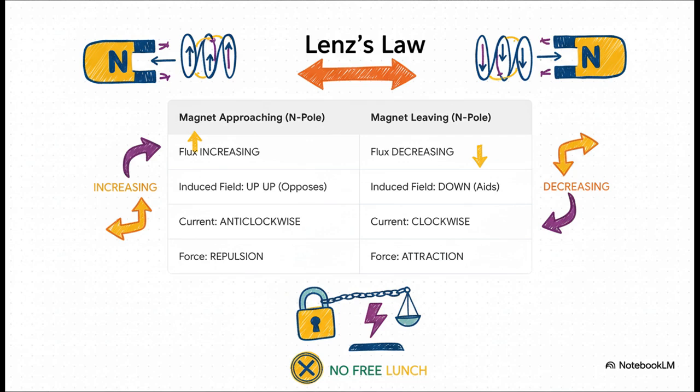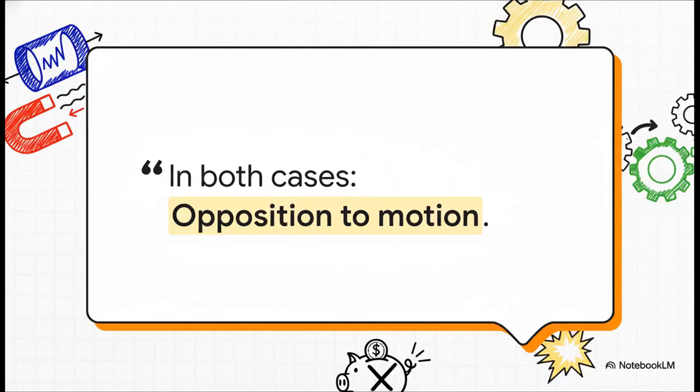The downward flux is getting weaker, it's decreasing. So Lenz's law tries to help it, creating its own downward field to prop it up. Thumb down, your fingers curl clockwise. See how that works? And what's the bottom line here? Notice that in both cases, the induced force always opposes the motion. It pushes an approaching magnet away and pulls a leaving magnet back in.